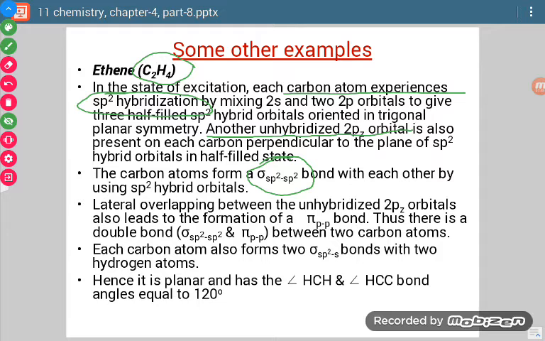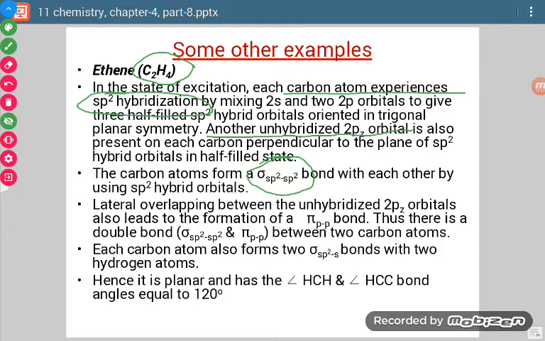When it undergoes sp2 hybridization, each carbon atom has 3 sp2 hybridized orbitals and 1 unhybridized orbital. These 3 sp2 hybridized orbitals arrange themselves in trigonal planar form, and there is also one unhybridized orbital. All these 4 orbitals, 3 hybridized and 1 unhybridized, contain one unpaired electron each.